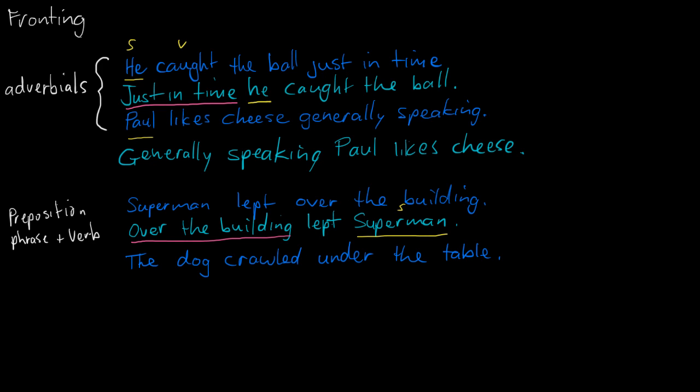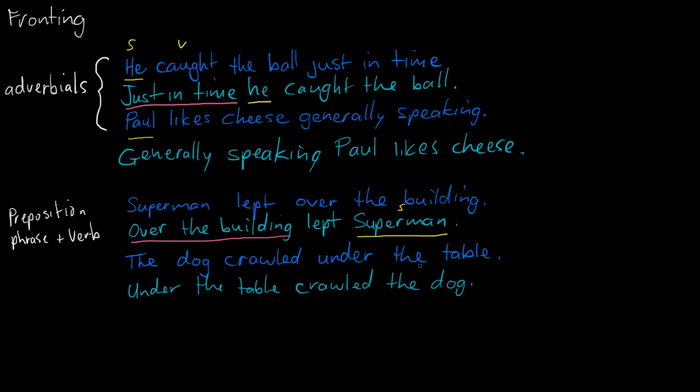Let's do one more where we take a preposition phrase. You can probably already see what we're going to do. So it's under the table. Here under is your preposition. Under the table, crawled, and that's your verb, the dog.